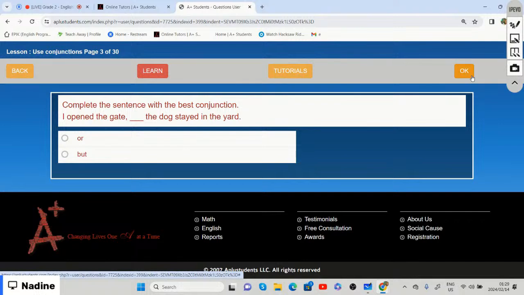And then I open the gate. So I open the gate, or the dog stayed in the yard, or do we say I opened the gate, but the dog stayed in the yard?